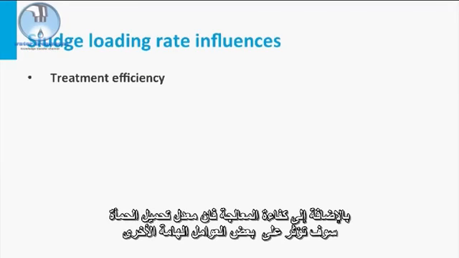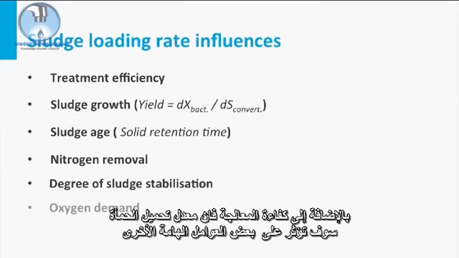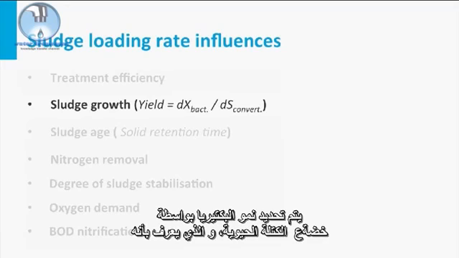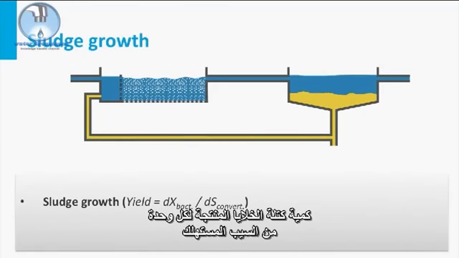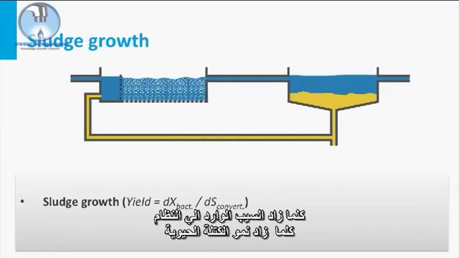Besides the treatment efficiency, the sludge loading rate will influence some other crucial parameters. Growth of the bacteria is determined by the yield of the biomass, which is defined as the amount of cell mass produced per unit of substrate consumed. The more substrate that is introduced to the system, the more the biomass will grow.